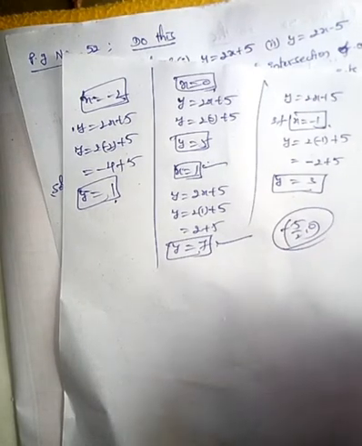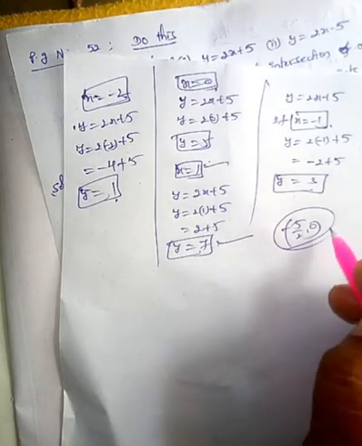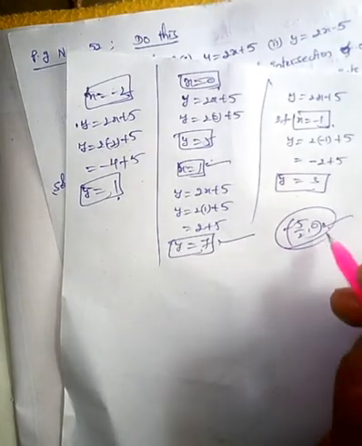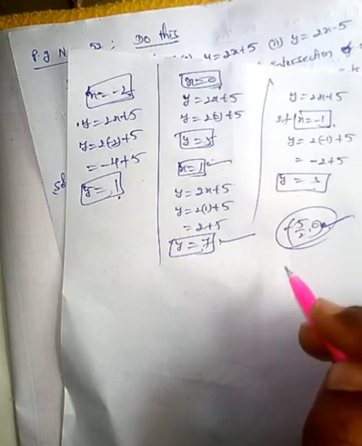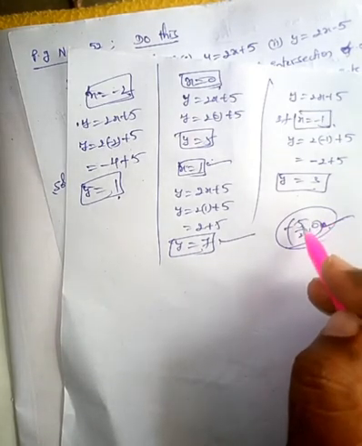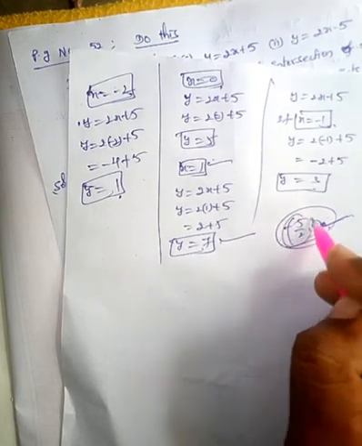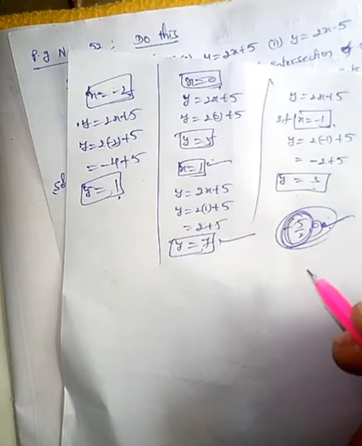Okay, so the point where the straight line touches the x-axis is the point that gives the 0 of the polynomial. Here the straight line touches the x-axis at minus 5 by 2 comma 0. So in this point, the x coordinate is the 0 of the polynomial.